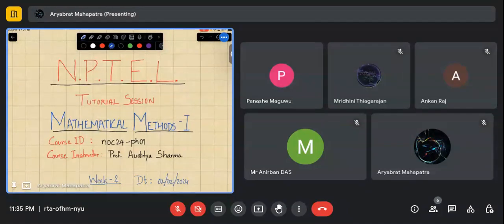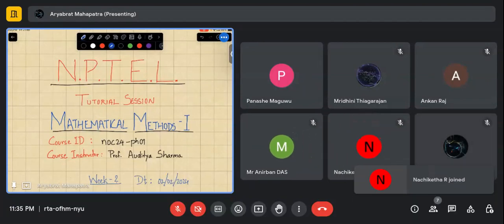This is our second tutorial session, or problem solving session. Last time around we discussed some problems related to last week's topics.